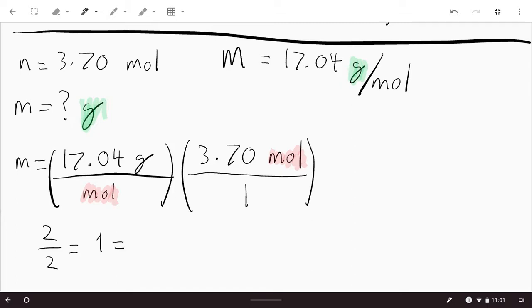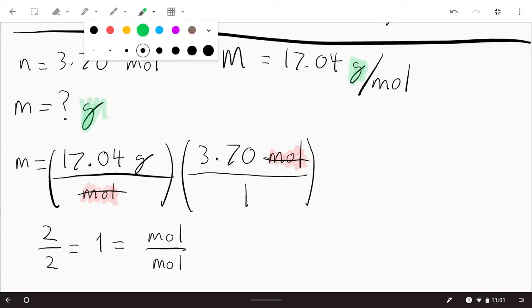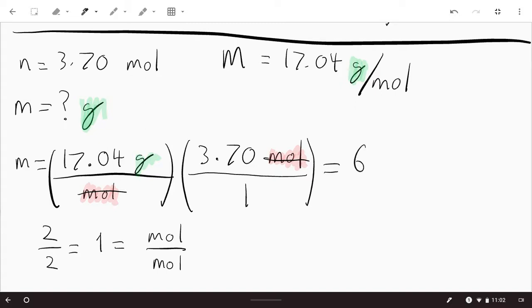And actually, the same thing happens with units. If you put moles over moles, they cancel each other out and eliminate each other from the final answer. So we can get rid of moles in both locations, and the only unit we get left with is our grams right here. And that's good because we want an answer that is in grams.